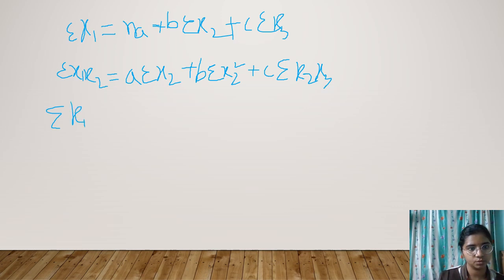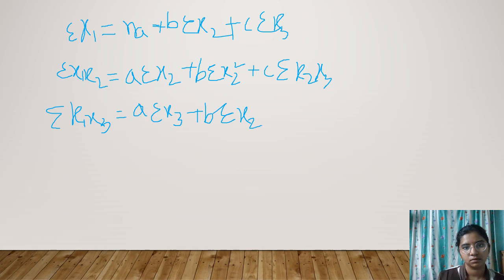And sigma x1 x3 equals A sigma x3 plus B sigma x2 x3 plus C sigma x3 square.